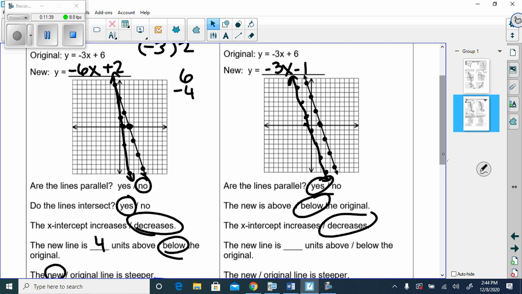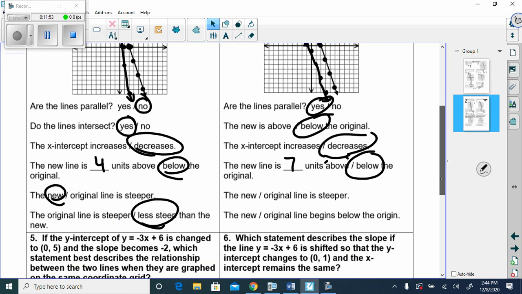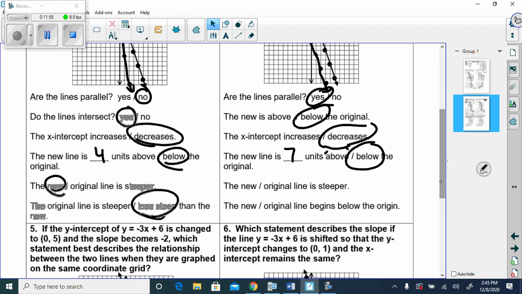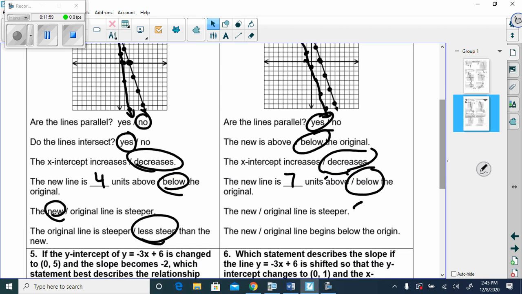Okay. The new line is blank units above or below? 7 below, right? Because it said to move down 7. So 7 below. Okay, and then the new or the original line is steeper? Good.